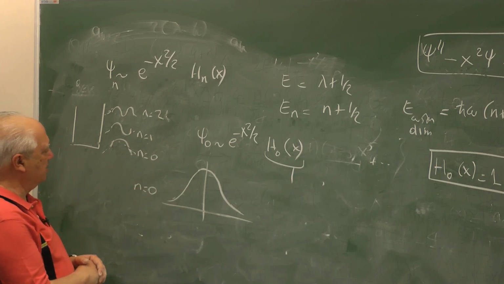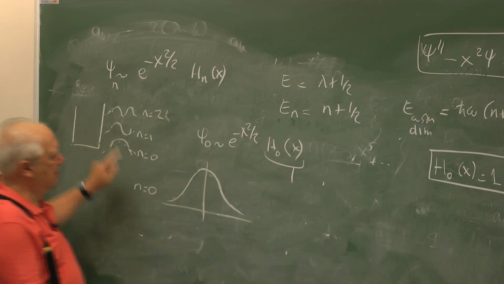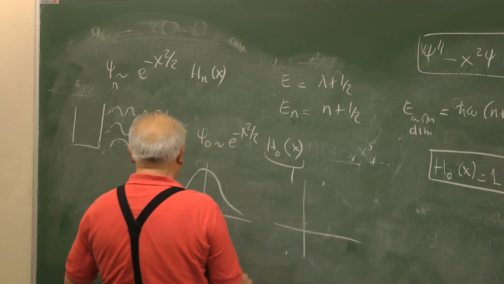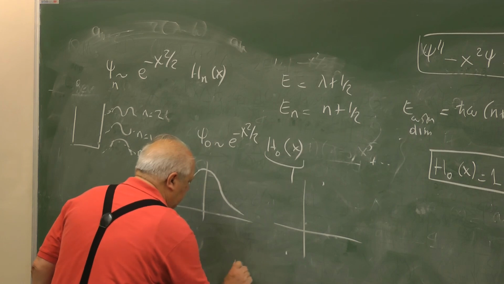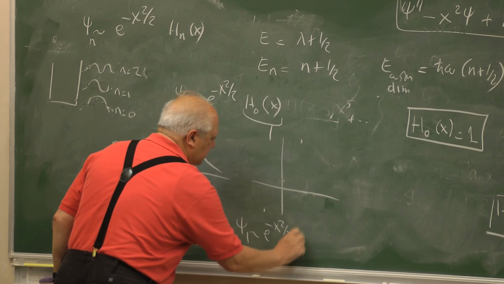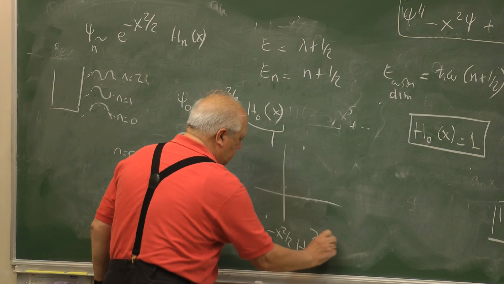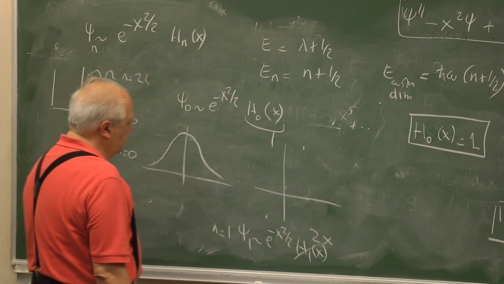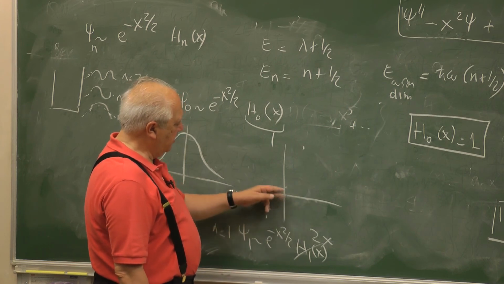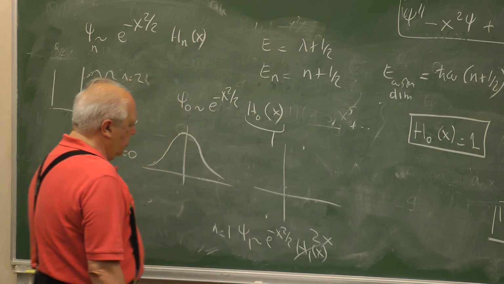How about n equals 1? Are we getting something like that? So with H_1, n equals 1, psi 1 goes as e to the minus x squared over 2 times H_1(x), and this H_1(x) is 2x. 2x means it is multiplying this thing on the way up, and because it changes sign, it should go down.